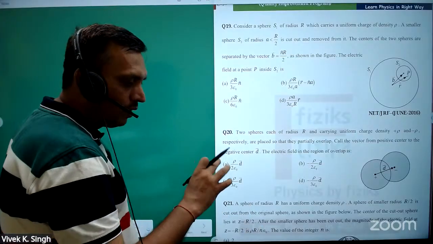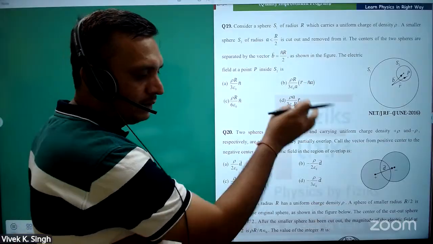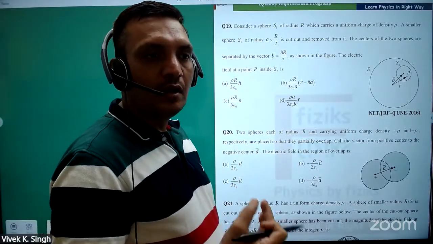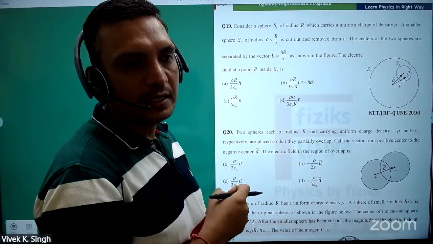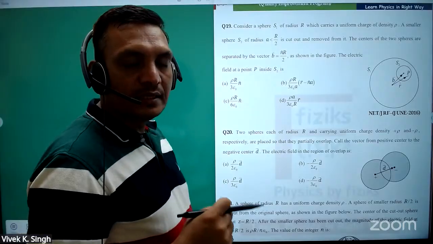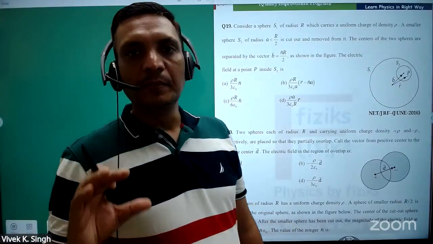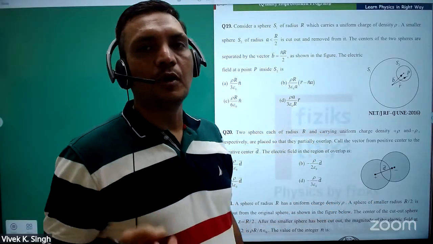So it's all about the concepts. The reason for compiling these questions of different exams is so that you can solve more questions on one particular concept, and that will strengthen your concepts. Once your concept is clear, you remember the formula, you know how to calculate it, you can easily solve problems.